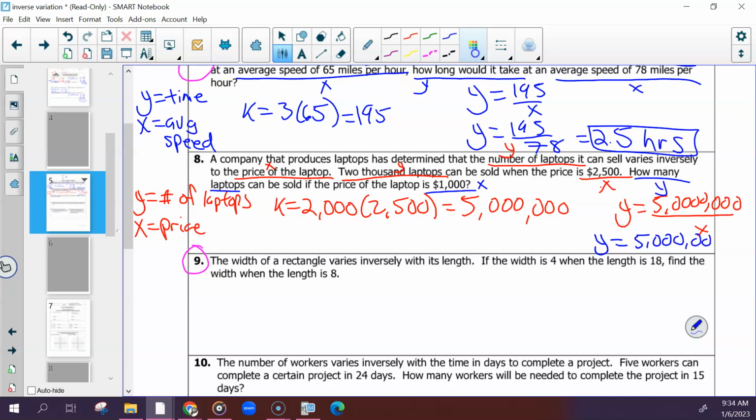So 5 million divided by 1,000 would be how many laptops? 5,000.